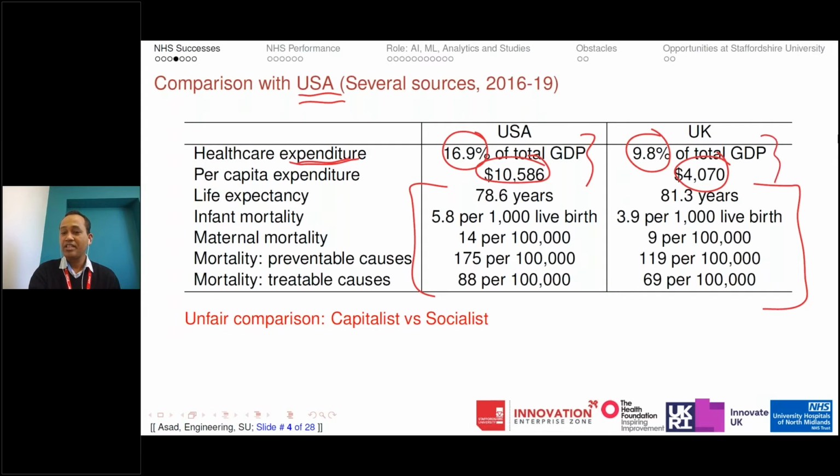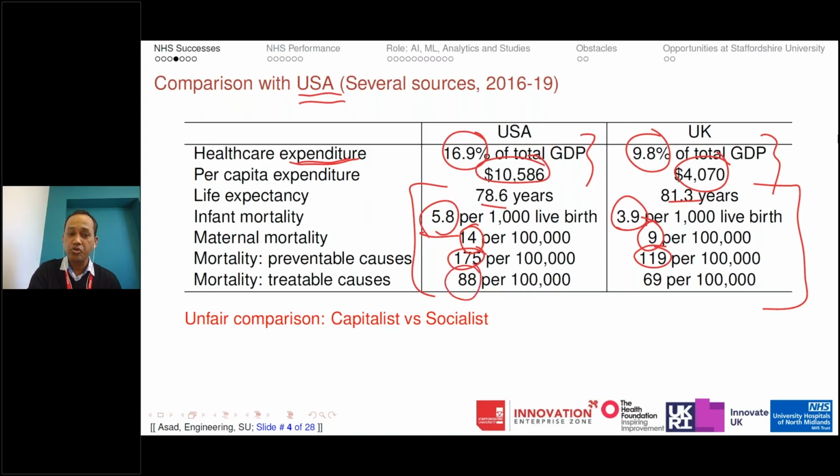In terms of expenditure, USA is spending significantly higher than UK. But if you look at the life expectancy, we are higher. If you look at the infant mortality, we are lower than USA. Maternal mortality, we are lower. Mortality from preventable causes, we are lower.